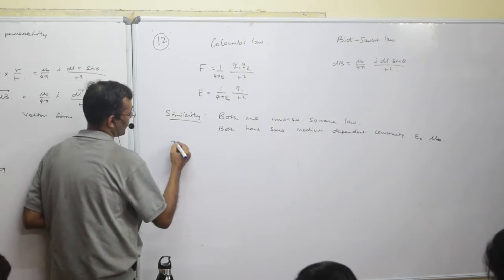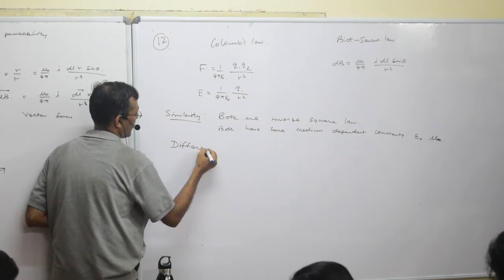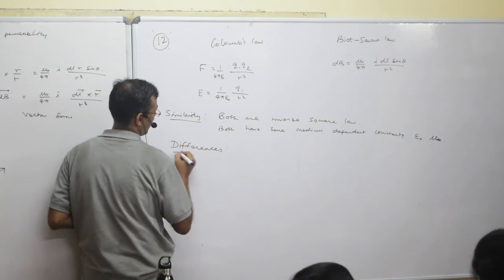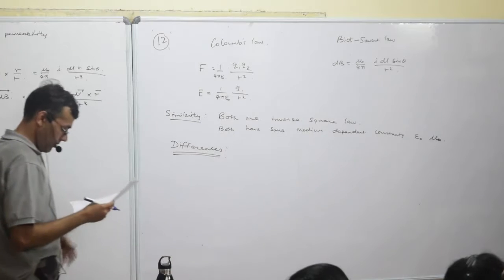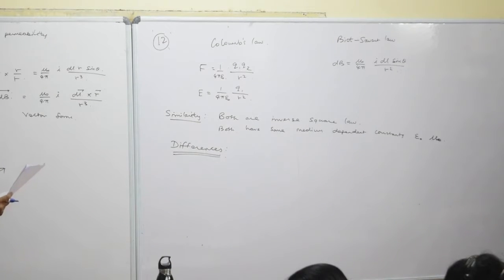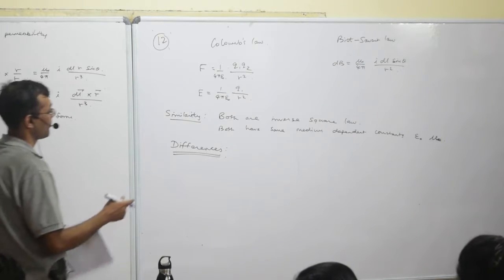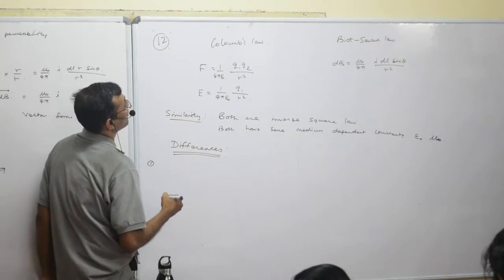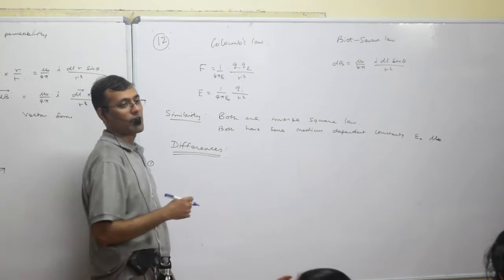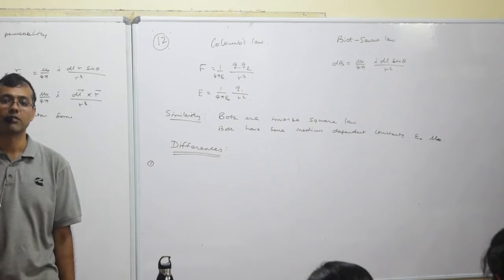Okay, then let's talk about the differences. So here I can say, right, Q is charge. Charge is scalar or vector?